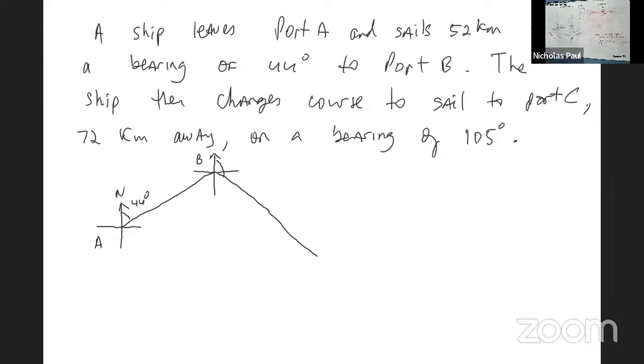And I'm going down. Which distance is longer? Here's 52, next one is 72, and I'm stopping right here. That's C. And then I'm going to just connect it up to form a little triangle.